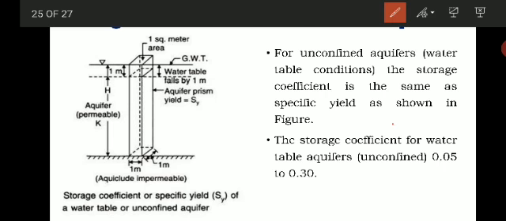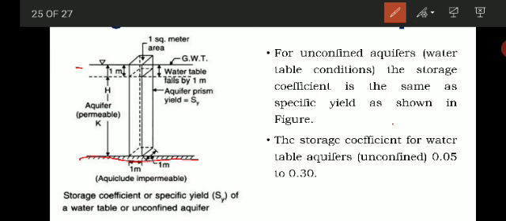So here we'll understand the diagram. What is given here? Storage coefficient or specific yield of a water table, or unconfined, aquifer. This is an unconfined aquifer wherein the impermeable layer, the aquiclude, is at the bottom, and on the top there is no such impermeable layer.